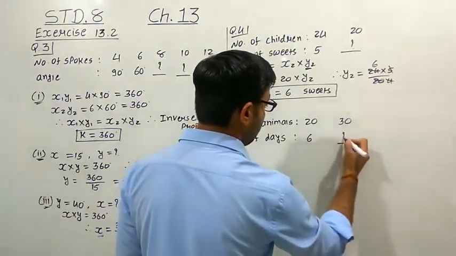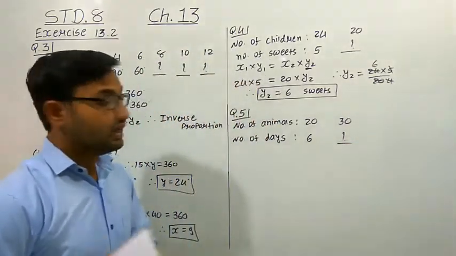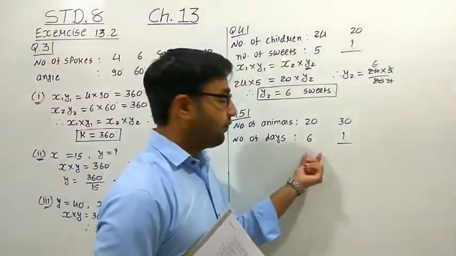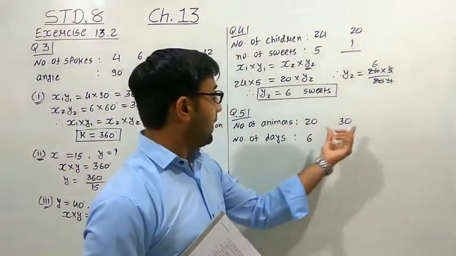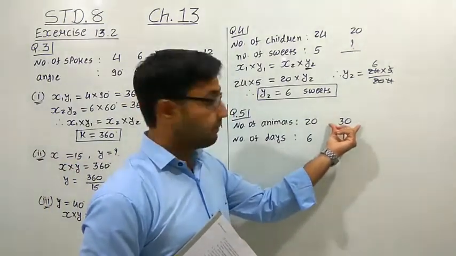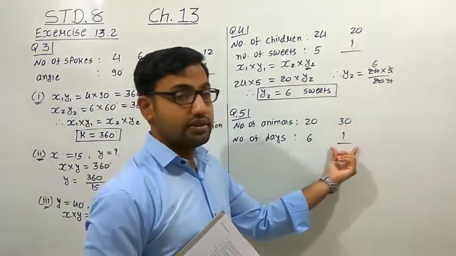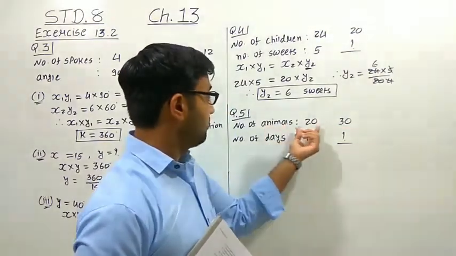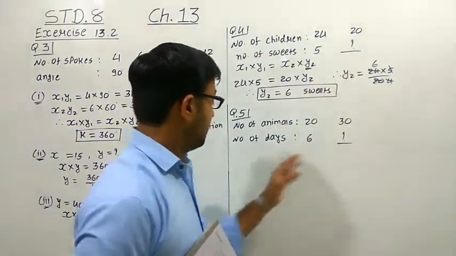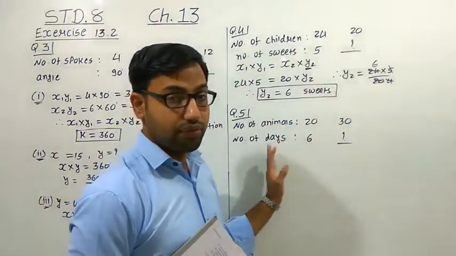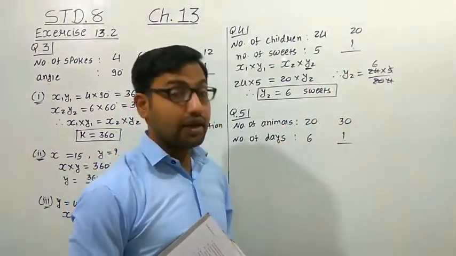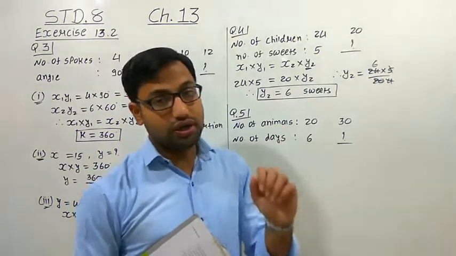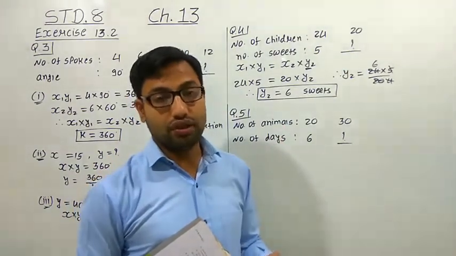Then we have to find this value. We know that as the number of animals increases, the number of days the food lasts reduces, because the quantity of the food is fixed.